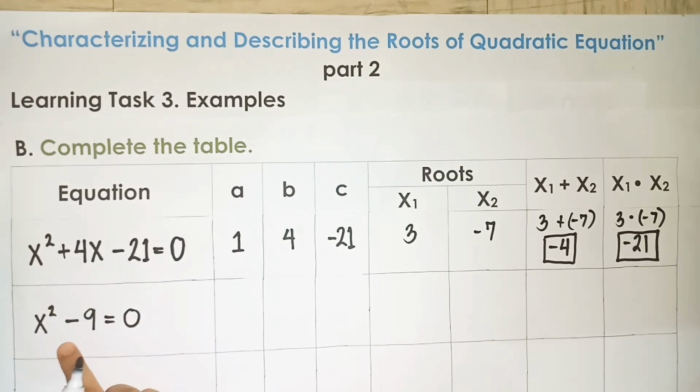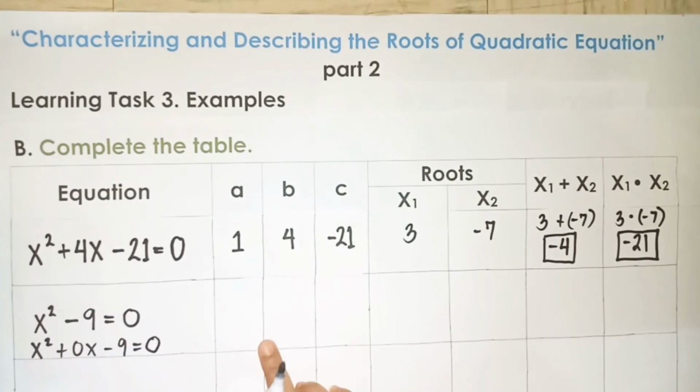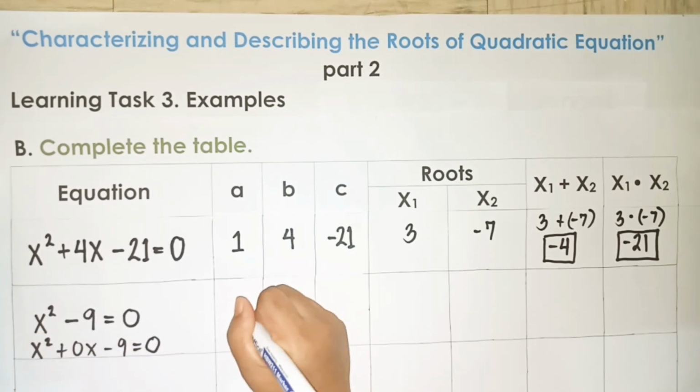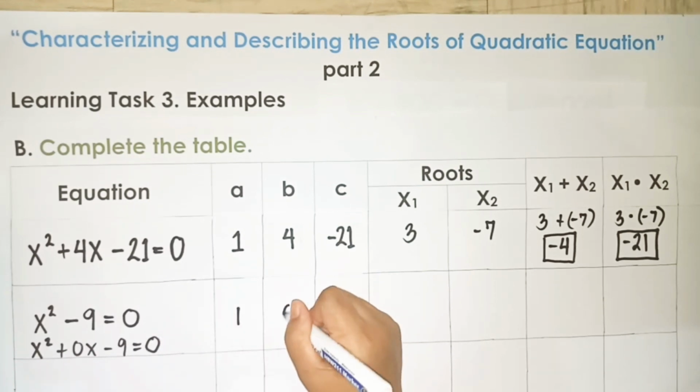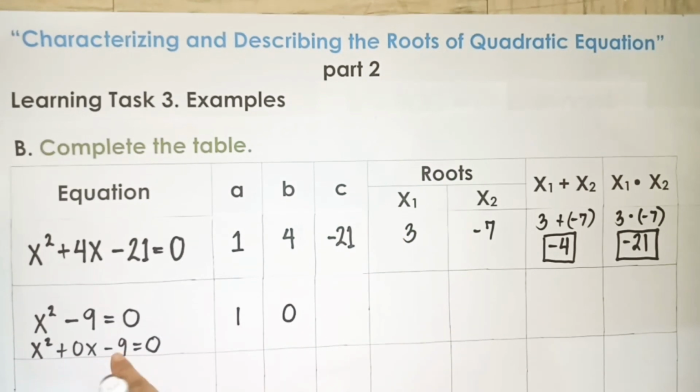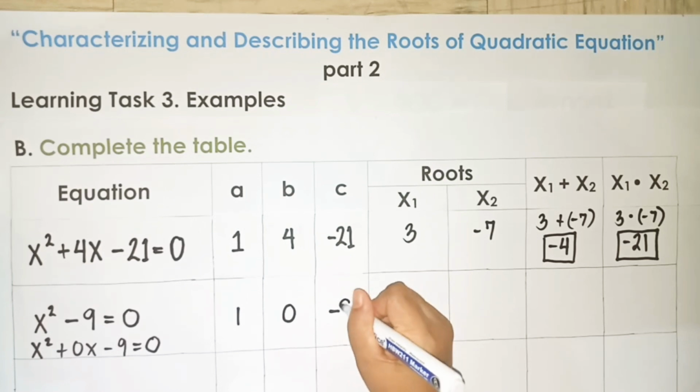Or, ito pong equation na to can be also written in the form of x squared plus 0x minus 9 equals 0. They are just the same. Okay, so now let's identify the value of a. We have 1. The value of b is 0. And the value of c is negative 9.